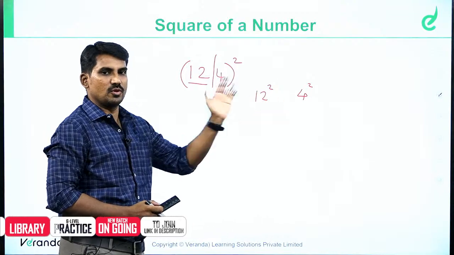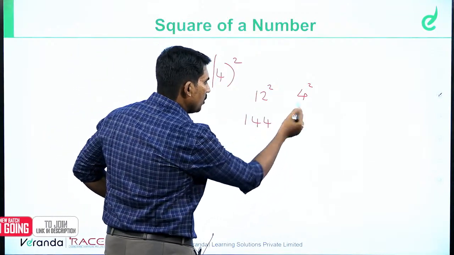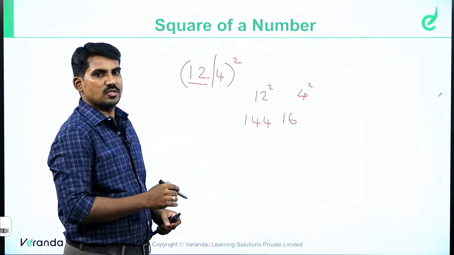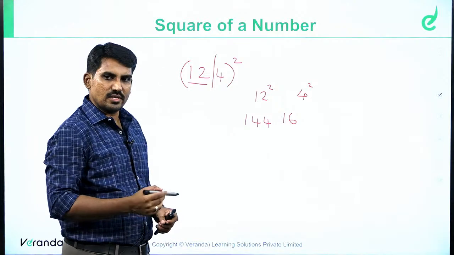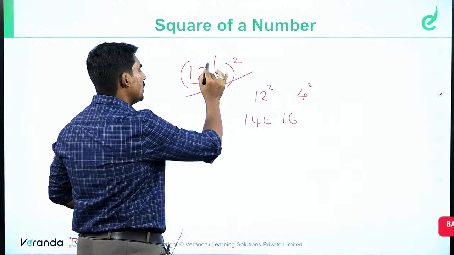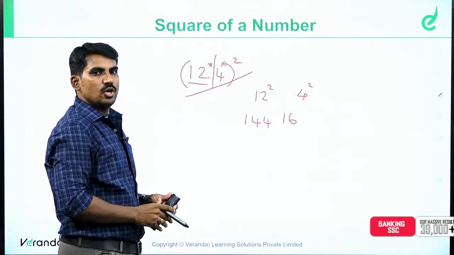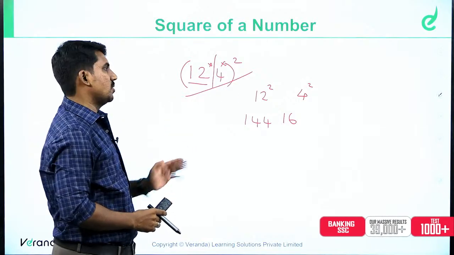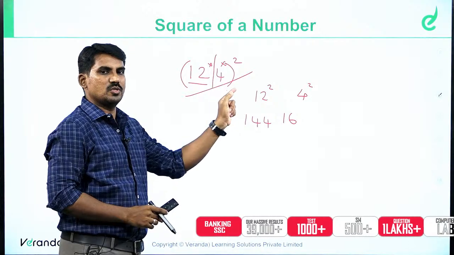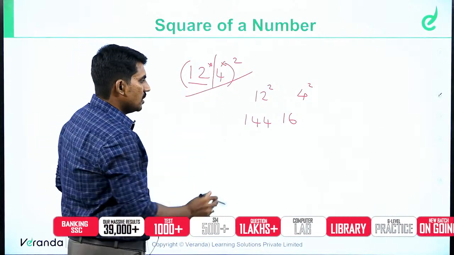12 square, 4 square, right? 12 square is 144. 4 square is 16. Now, the same shortcut: consider a multiplication symbol between these numbers. That is 12, 4, 2, multiplication. 12 into 4 is 48. 48 into 2 is 96.